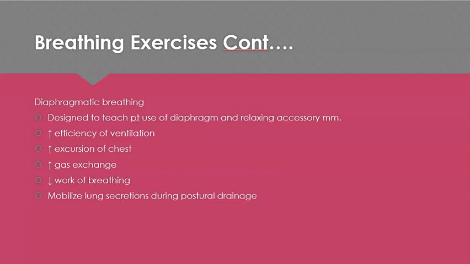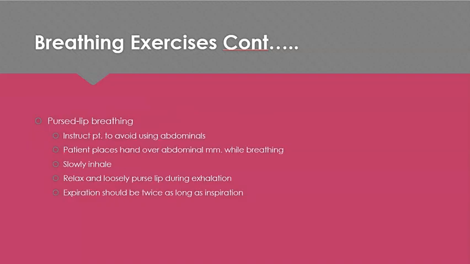So designed to teach patients to use diaphragm and relaxing accessory muscles, as I just described. So it increases efficiency of ventilation, increases excursion of the chest, increases gas exchange, decreases the amount of work required for breathing, and mobilizes lung secretions during postural drainage.